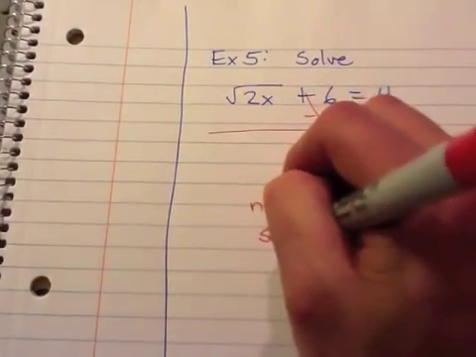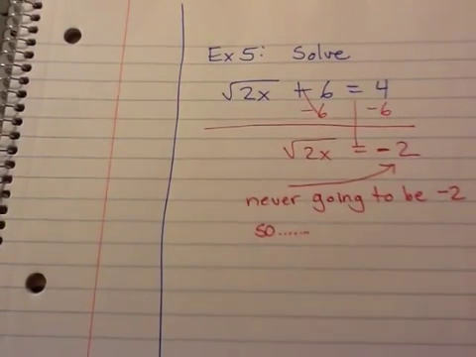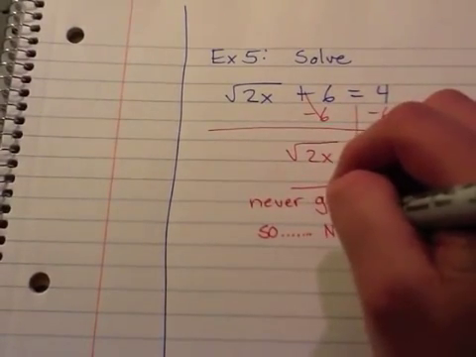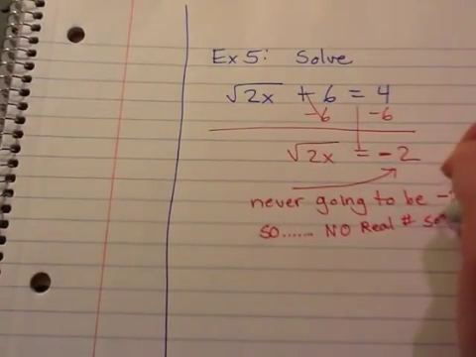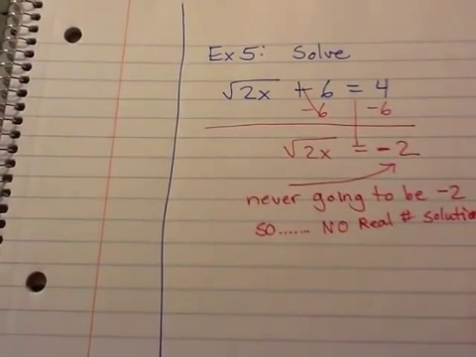So what's going to happen? You would just say no real number solutions. Okay, nothing in there is going to work.